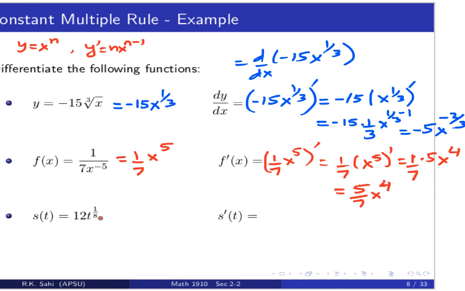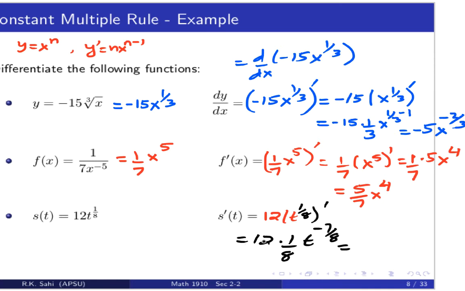Okay, the next one is 12 times t to the power 1/8. We have already done this, differential of t to the power 1/8. So it's basically 12 times t to the power 1/8 differential. So it's 12 times 1/8, and we already know the differential of t to the power 1/8 is t to the power negative 7/8.